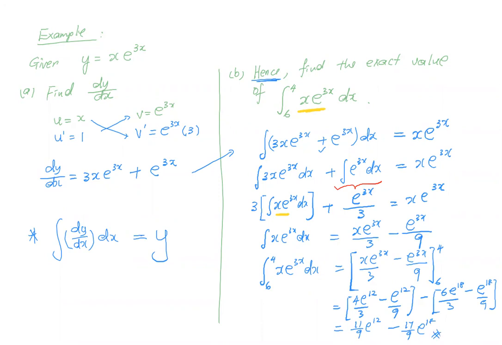If you want to test whether your value is correct or not, you can get the approximate value from your calculator. Can you evaluate this from GC? When the question says evaluate, it means you can get it from GC. Do you know how to evaluate this?